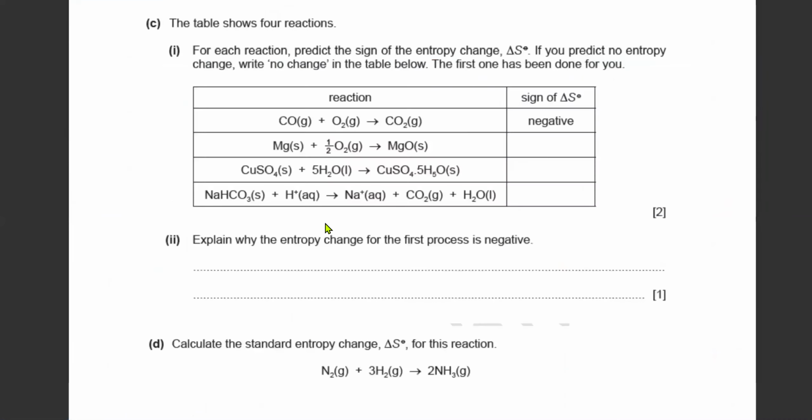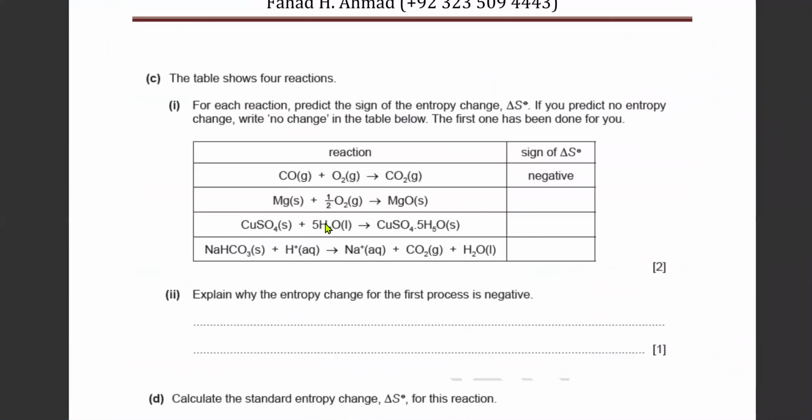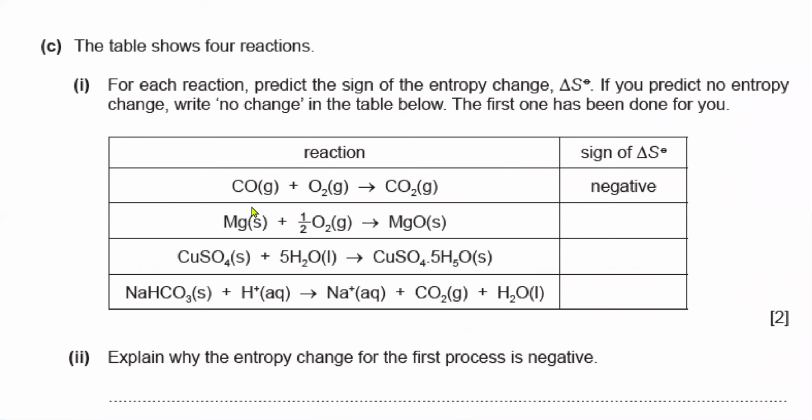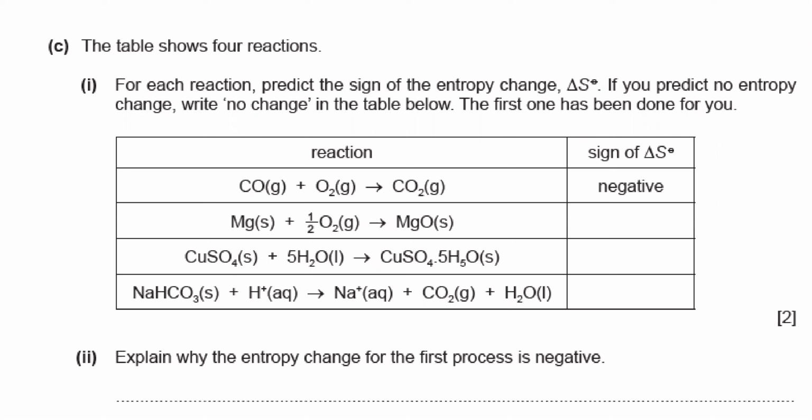Let's talk about this one. Mg plus O2 produces MgO. Is this delta S negative or positive? Negative, because there was a gas and now it's turning into a solid. So there's a decrease in disorder. What about the second one?